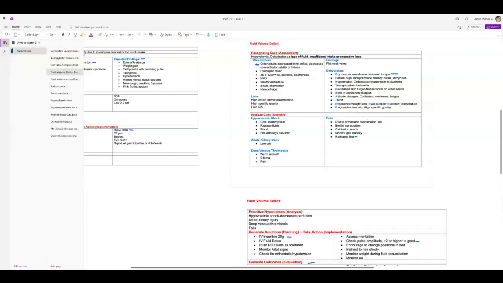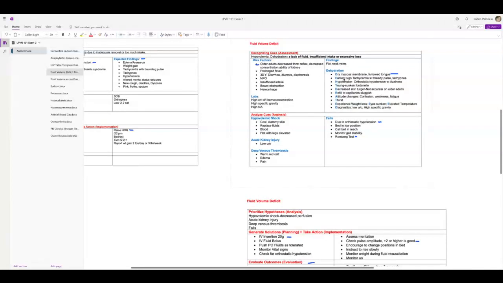So that's pretty significant. Now they're going to have a high H&H, so that's hematocrit and hemoglobin due to hemoconcentration, high specific gravity because they're dehydrated, and high sodium. Their neck veins are going to be flat when they're lying flat. That tells you that they have fluid volume deficit. They'll have dry mucous membranes.